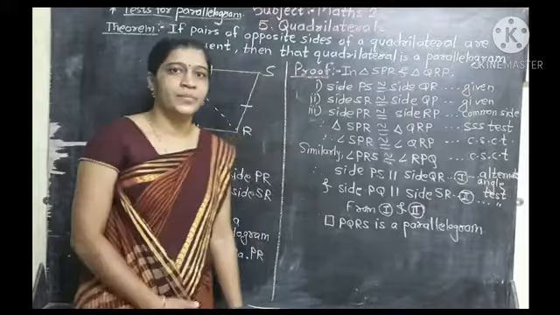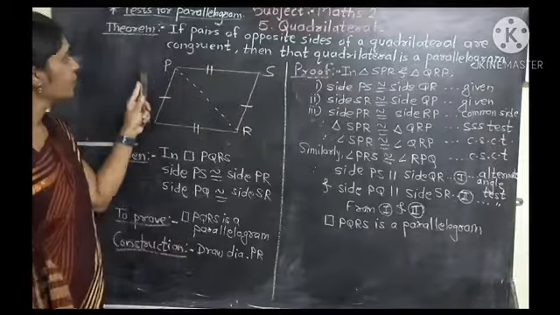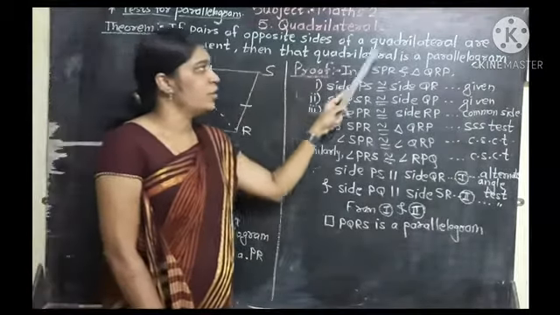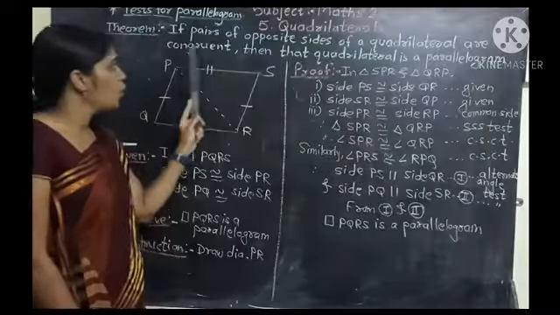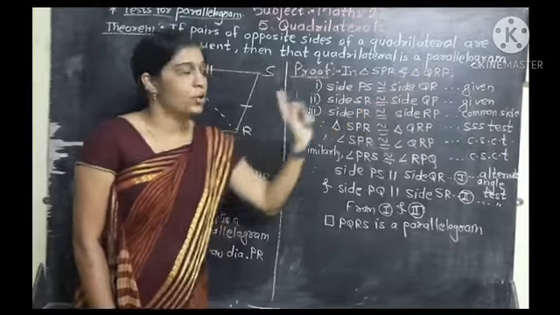So let's start. The first property of a parallelogram: if pairs of opposite sides of a quadrilateral are congruent, then that quadrilateral is a parallelogram.